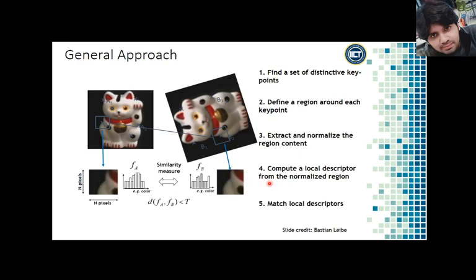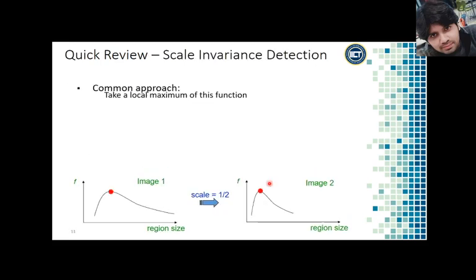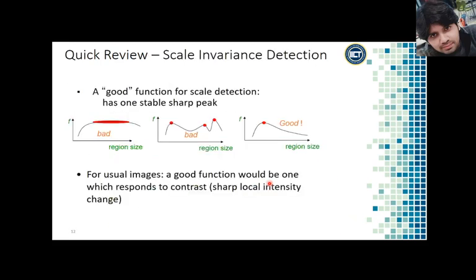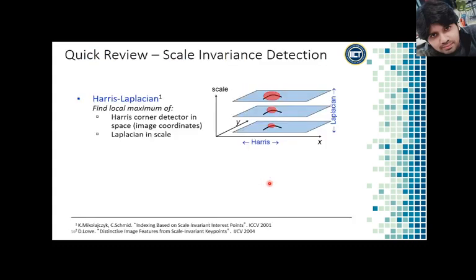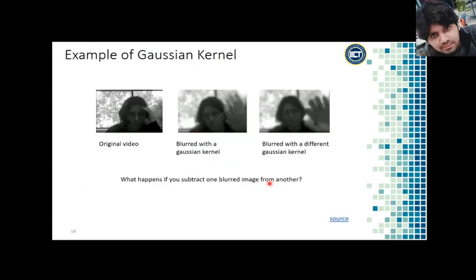So once we find a set of distinctive key points, we want to find the regions at varying scales. If we can find the regions at varying scales, then we can easily define the region and extract the local descriptors for further purposes like image matching or image stitching and so forth.